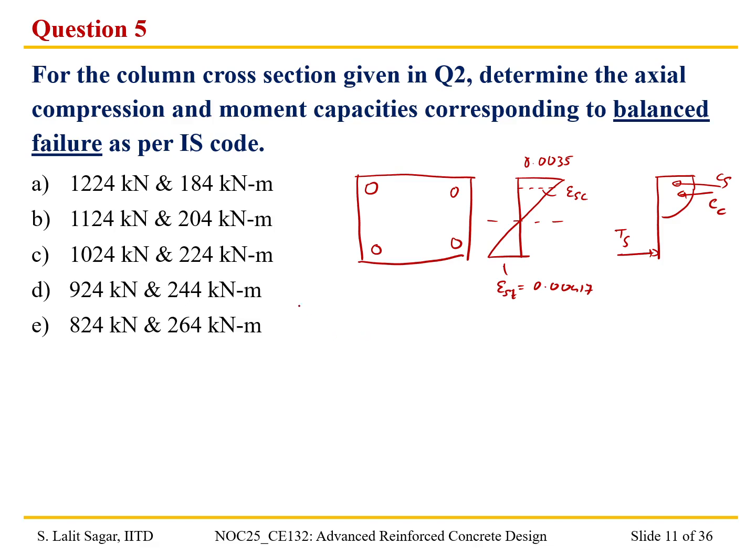So this effective depth is 390 millimeter, right? And XU for FE500 is, anybody remembers, it is 0.456 into B, right? So that turns out to be 177.8 millimeter.